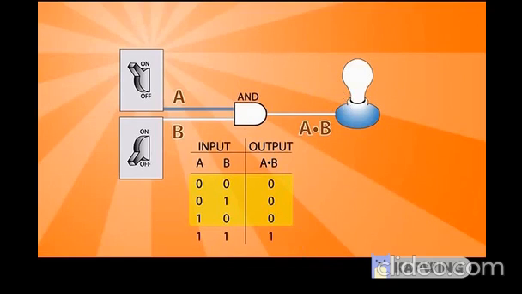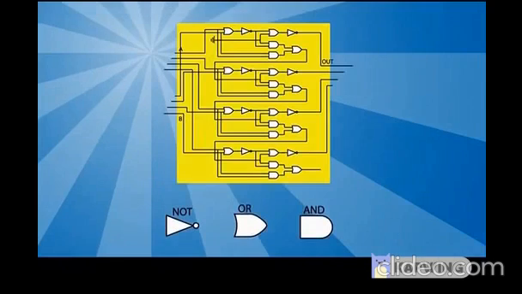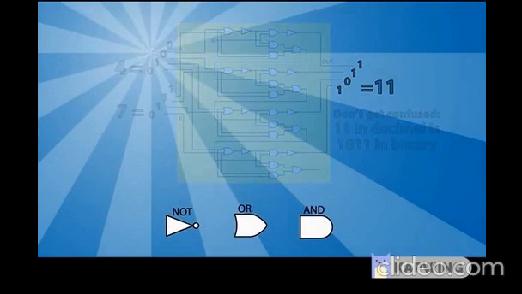From these three basic logic gates, NOT, OR and AND, engineers design very complex circuitry to perform basic operations, let's say addition, as we discussed earlier.